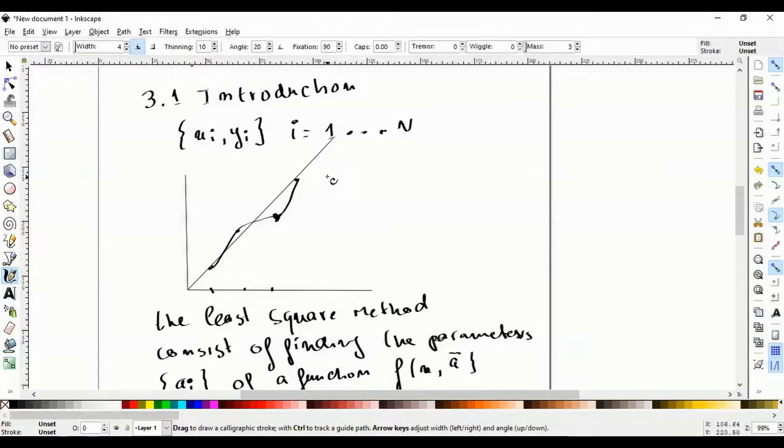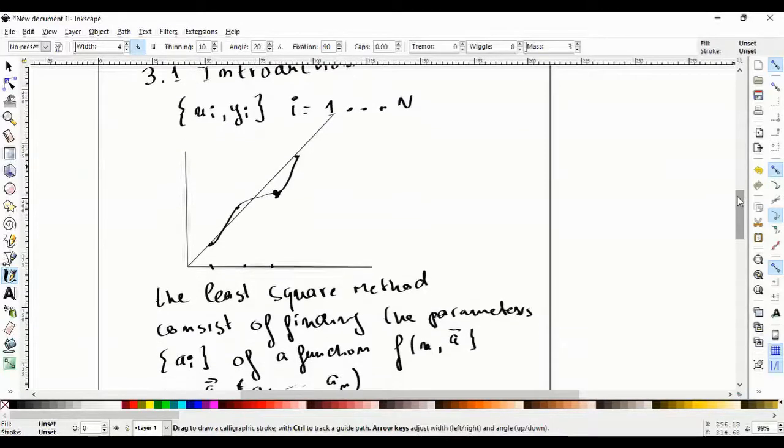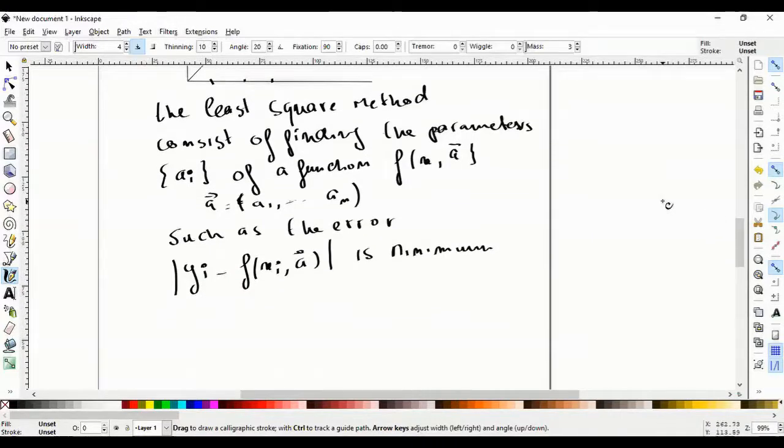Because of the error, the function will not pass exactly through the points, so you want to find the function that approximates this set of points the best. What you want is to reduce the error. This is also called the residual. The ri are the residuals, so we want to minimize the residuals.